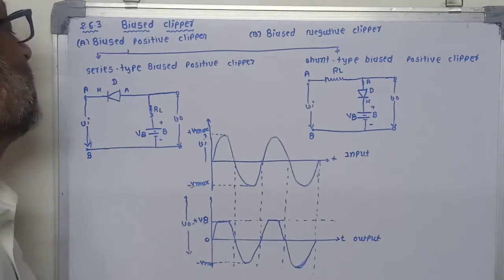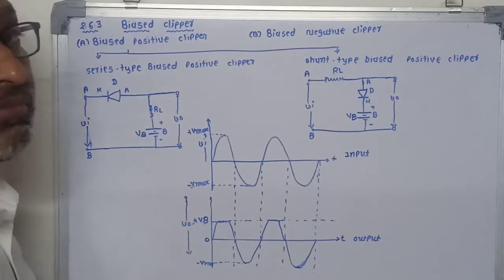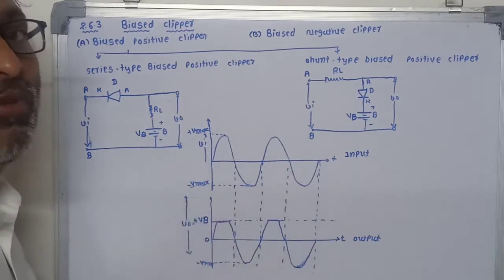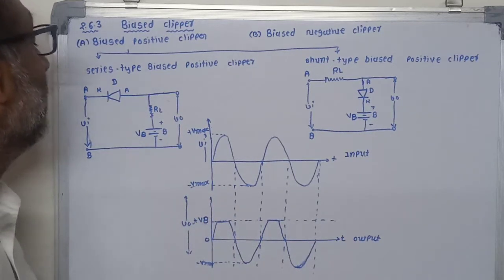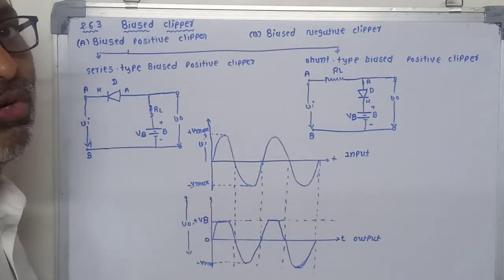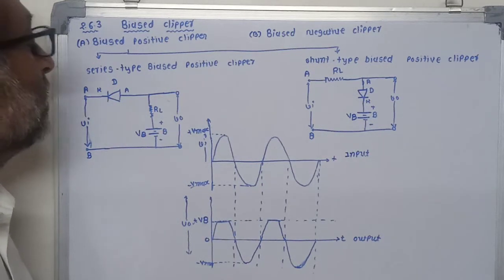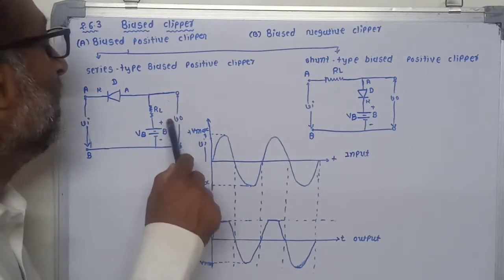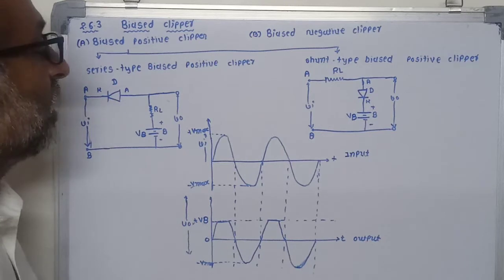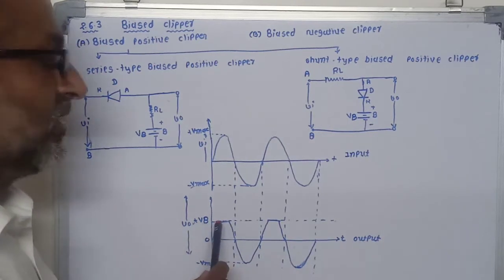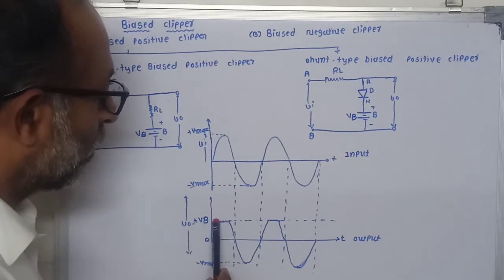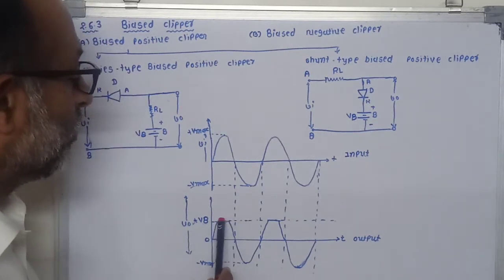So in this case the diode is in reverse bias. That's why it acts as an open circuit and zero voltage is available at the output. That means you will not get any output voltage at the output side. So here you can see there is no voltage available at that time.